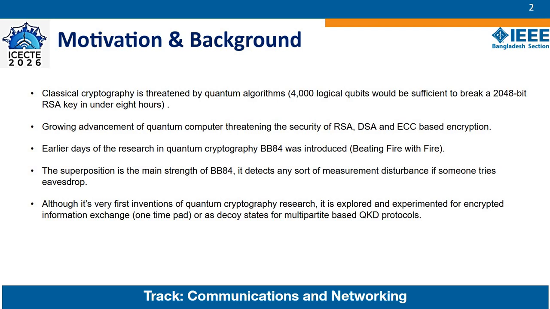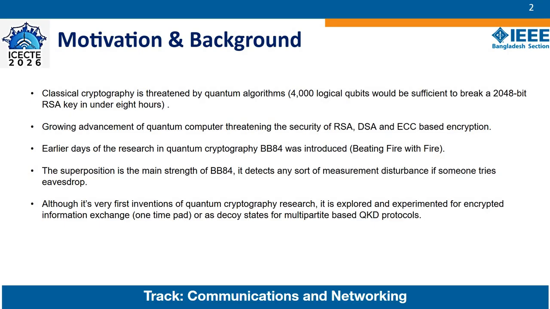Quantum key distribution, or QKD in short, offers a fundamentally different approach. Instead of relying on computational hardness, it relies on quantum mechanics principles. The BB84 protocol, one of the earliest QKD protocols, uses quantum superposition, which guarantees that any measurement in the wrong basis disturbs the quantum state.